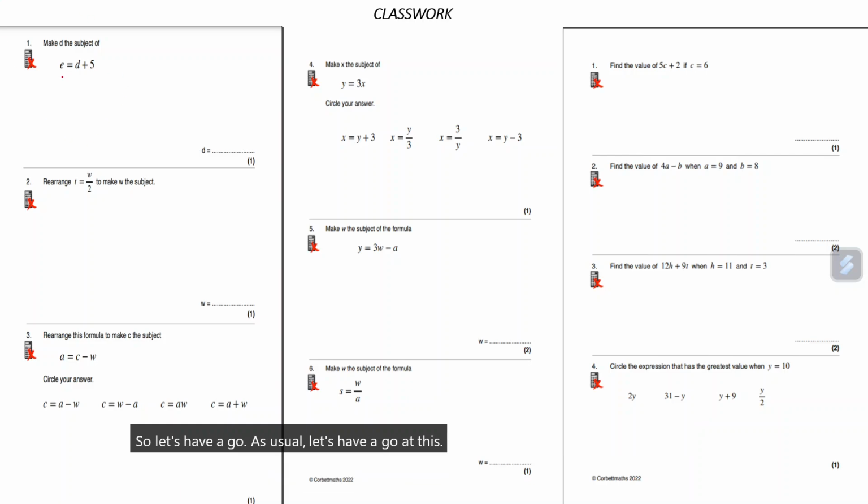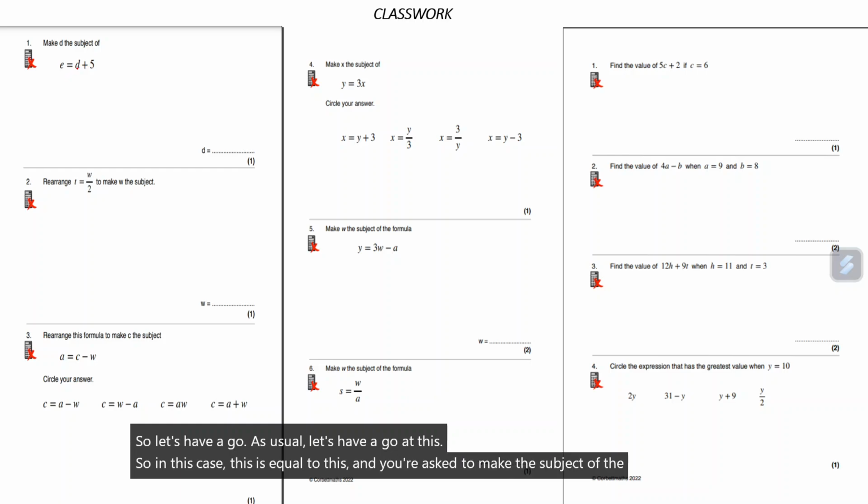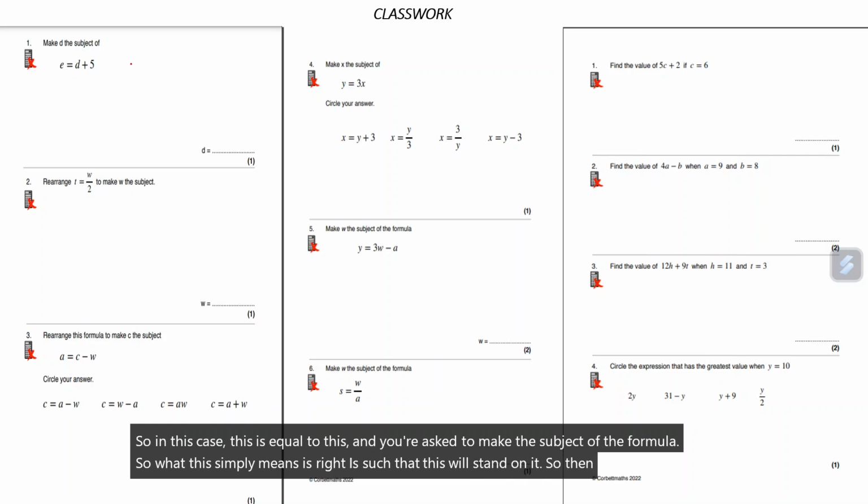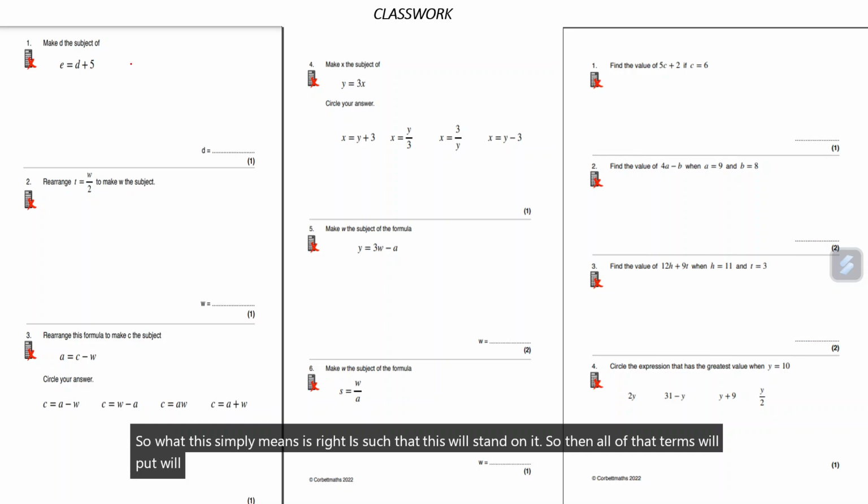In this case, A is equal to this, and you're asked to make this the subject of the formula. What this simply means is write it such that this stands on its own, then all other terms will be kept at the other side of the equality sign.